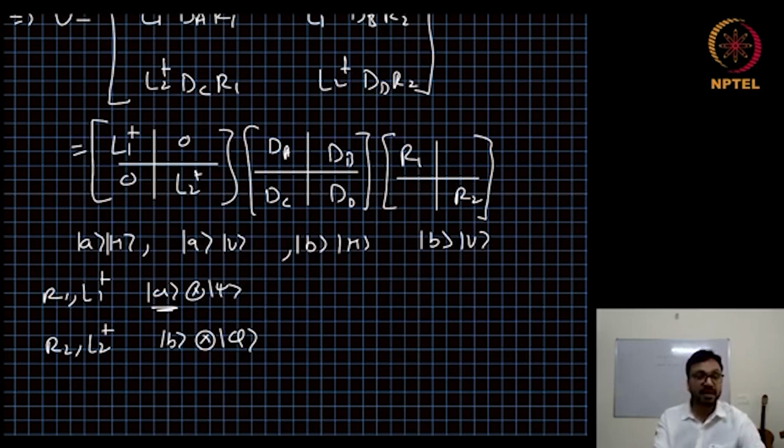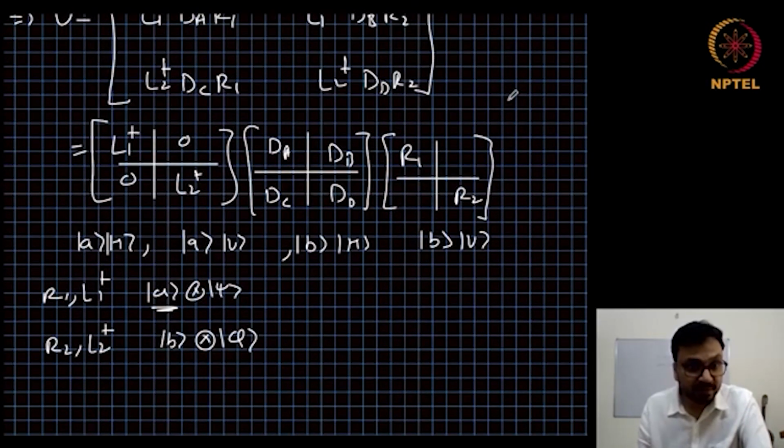So these L1, L2, R1, R2 are unitary operators acting on the polarization states of light, but when they are in a specific path. So R1 and L1 will act on polarization when they are in path A, and R2 and L2 will act on polarization when they are in path B.